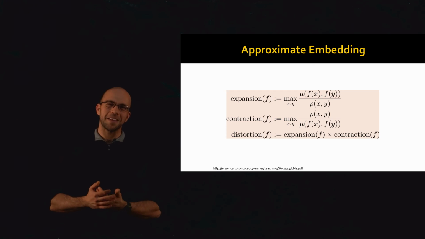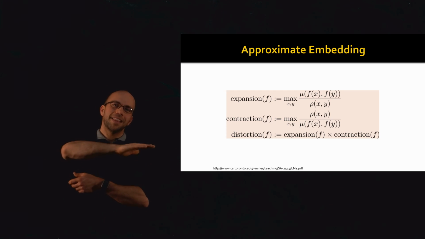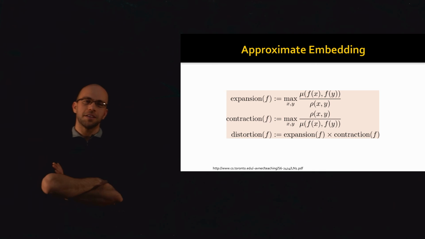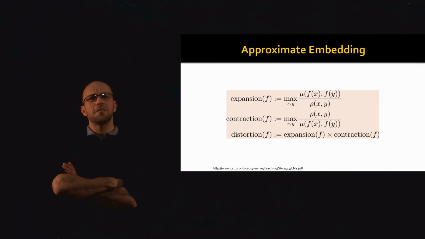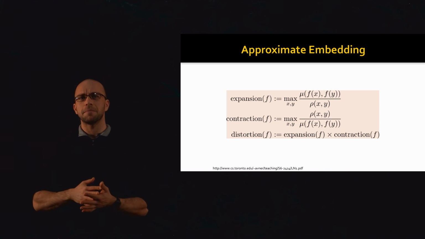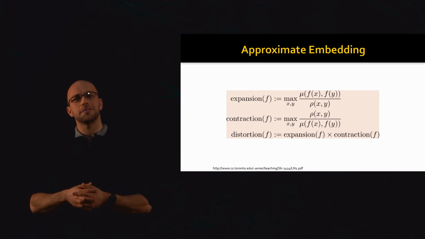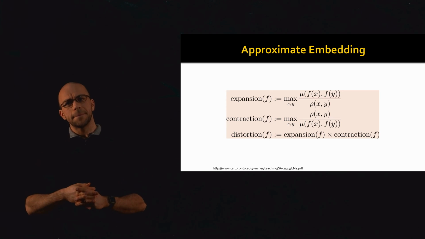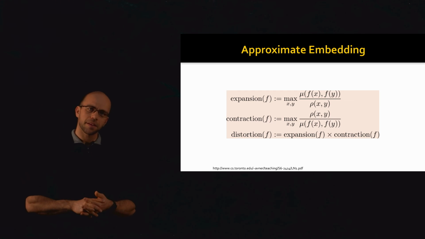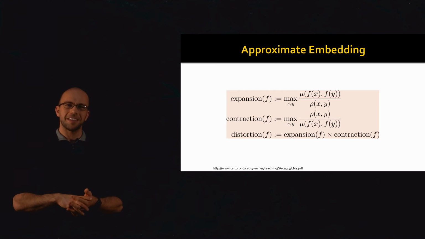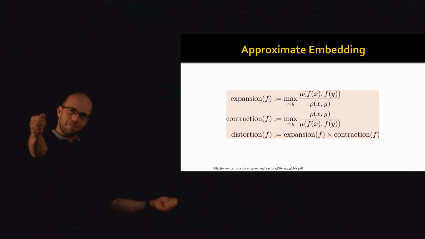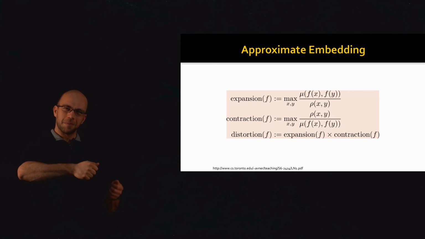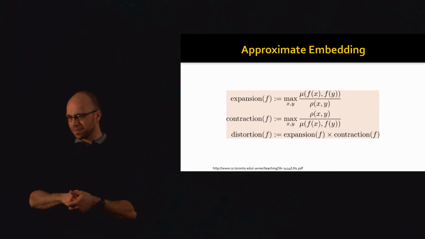Wasn't the best way to phrase that, but I think you follow. And then a typical notion of distortion is just to multiply these two things. Now, this is one of many different measures that people use to tell you whether or not their embedding is good, but it's a pretty useful one. So essentially, the distortion of a map is just the product of the expansion and the contraction, like the pair of points that get stretched out the worst and the pair of points that get smashed together the worst.